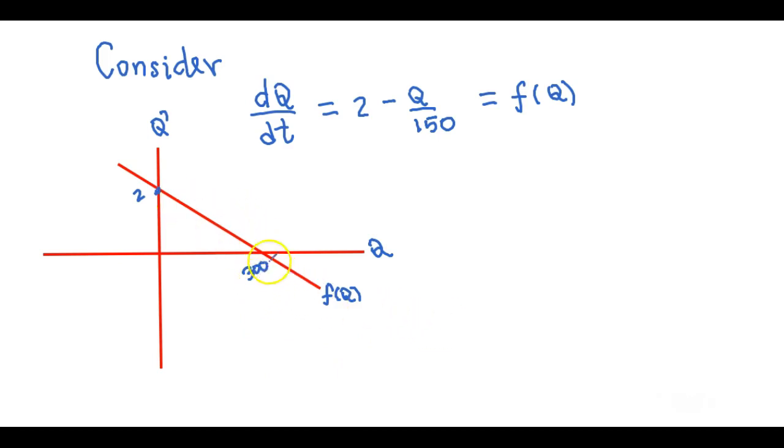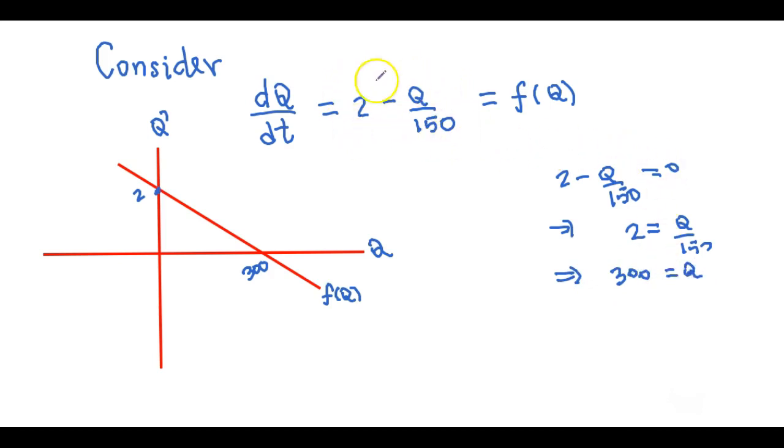Remember that equilibrium point comes from solving this equal to 0, right? So if you solve here for Q, you can easily see where that 300 comes from. That's the point of intersection of this line with the horizontal axis.